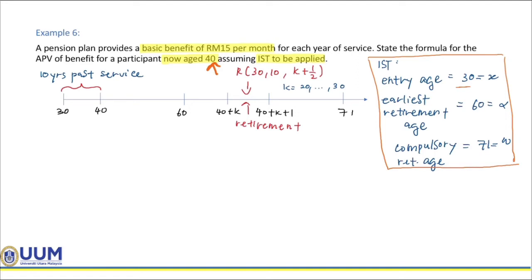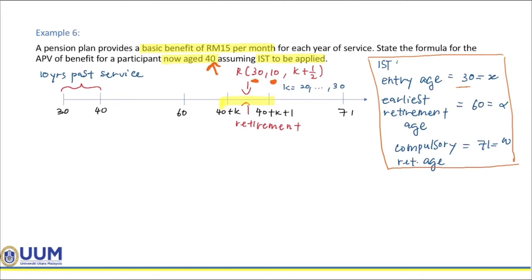And then RXHT, where X is the entry age and H is the past service, 10 years. So K plus a half, the T. Between this interval, the retirement will occur.